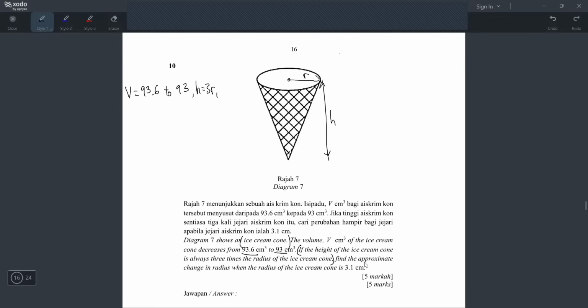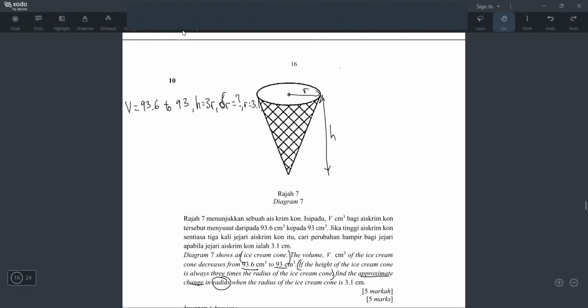Now they say find the approximate change. Approximate change means small change, right? It means they want to find delta R, because they want the approximate change in radius when the radius is 3.1. So I want to find the small change in R, meaning delta R, when R equals 3.1. So R equals 3.1. Okay, I think I already wrote down all the information they give in the question in one straight line like this. Now it's time to do the working.